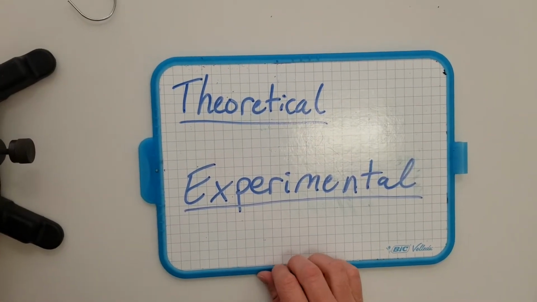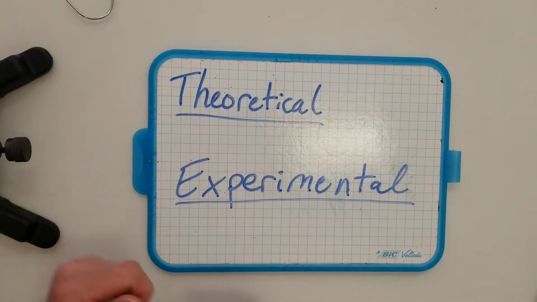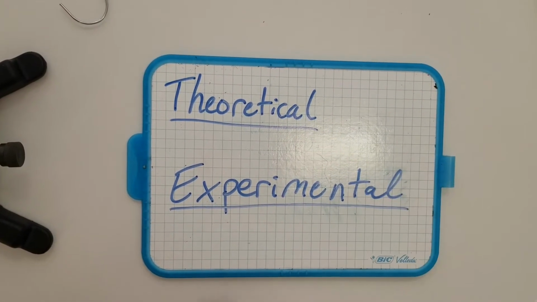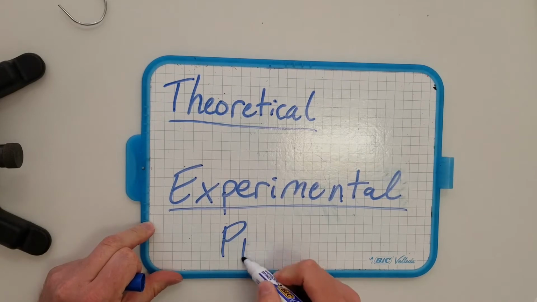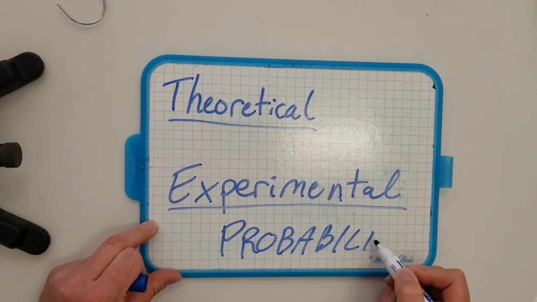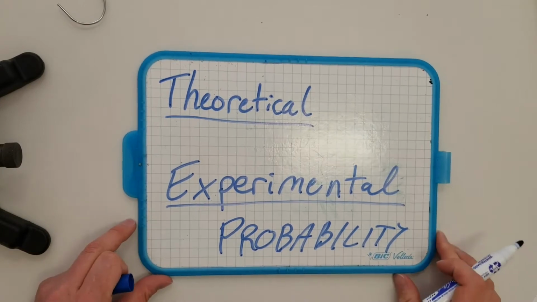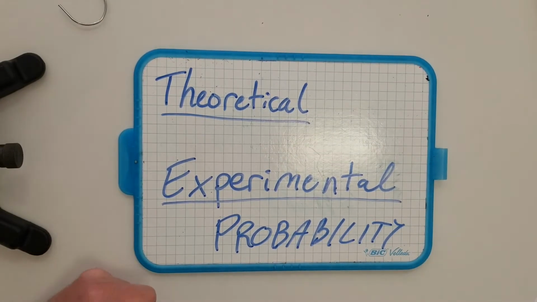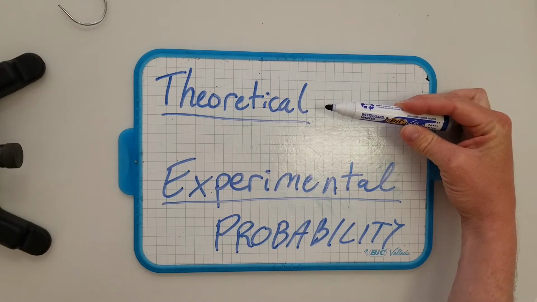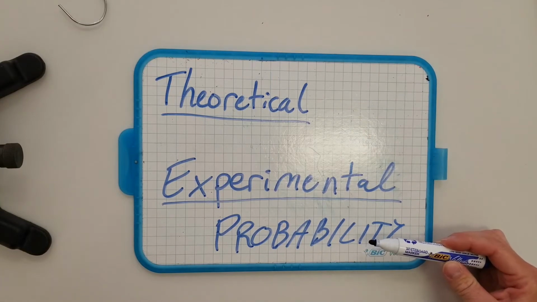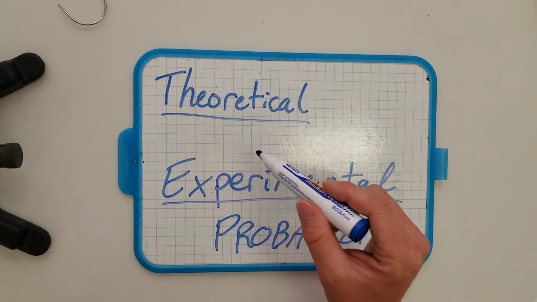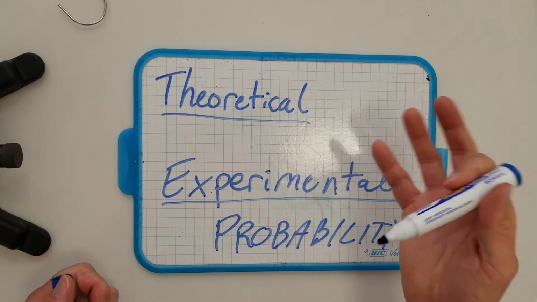So I'll do a little bit of adjusting, but we're going to talk about theoretical and experimental probability. So, two things to probability. There's one called theoretical probability, which is kind of like what we would think is going to happen, like our prediction.